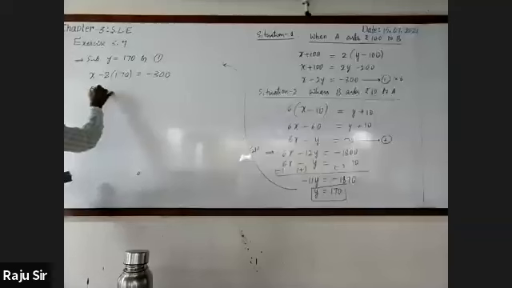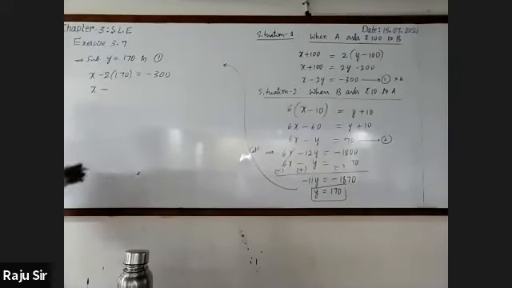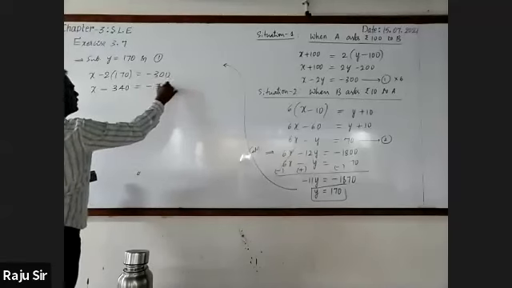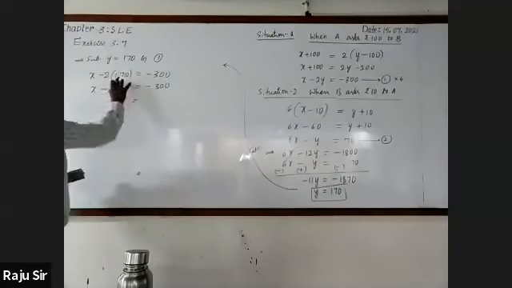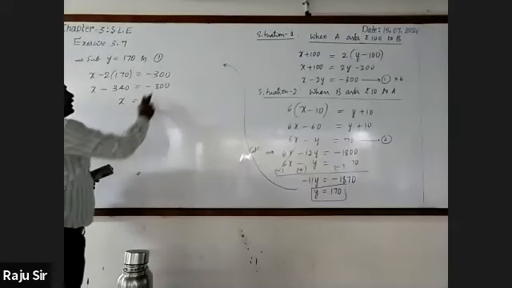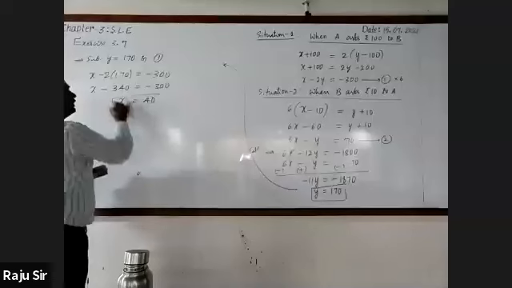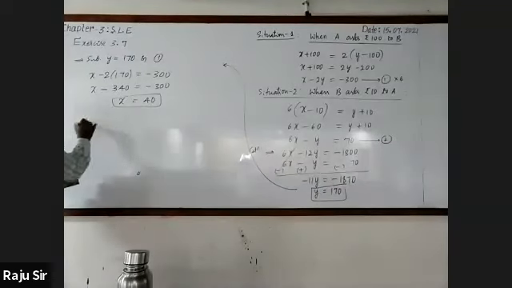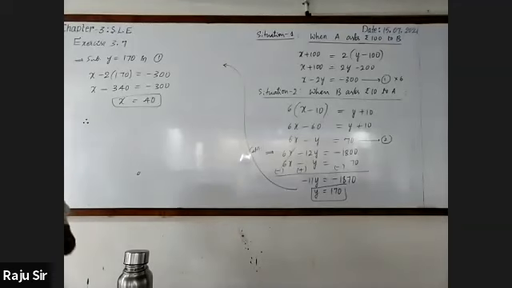It is x minus 340 is equal to minus 300. X is equal to, transferring this, plus 340, minus 300, it is 40. So, conclusion.